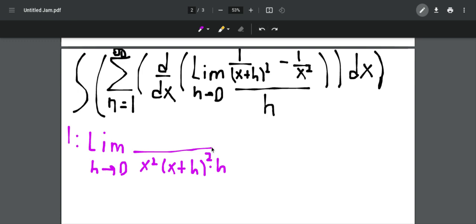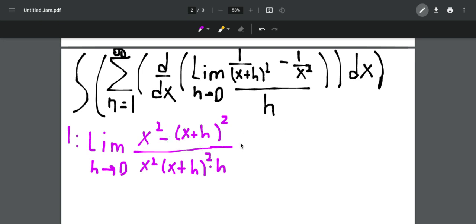Now I'm going to make the common denominator. We multiply the top fraction, 1 over (x plus h) squared, by x squared, and then subtract (x plus h) squared. So we get x squared minus (x plus h) squared. Now we see that this is in the indeterminate form when we evaluate the limit at 0.